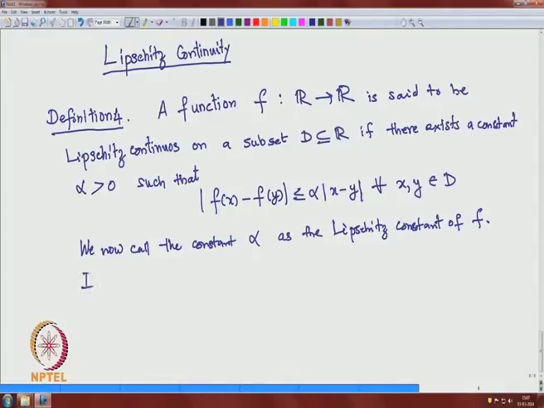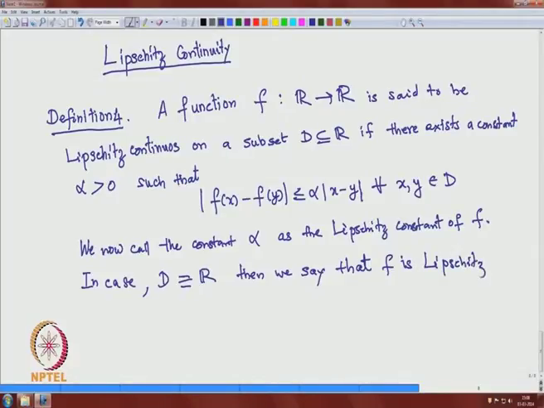And in case D is all the real line, so here we assume in the definition that D is a subset of R, in case D is all the real line, then we say that f is Lipschitz globally. So then f is globally Lipschitz continuous.